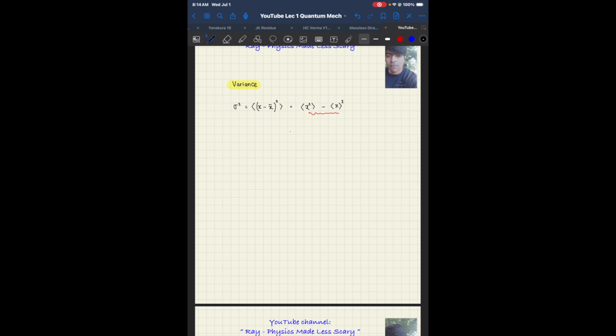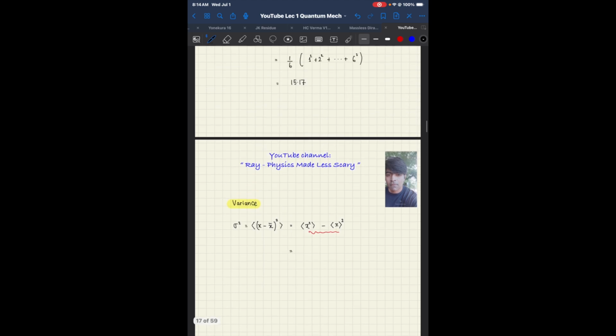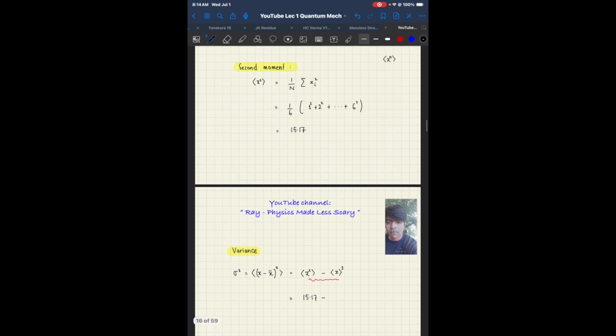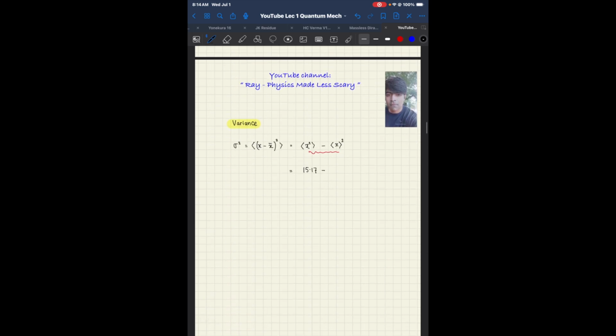This is great because I know both the objects. I've already calculated both the objects. So this is 15.17 minus 3.5 square. And this turns out to be 2.92 something. And as claimed, this is positive.